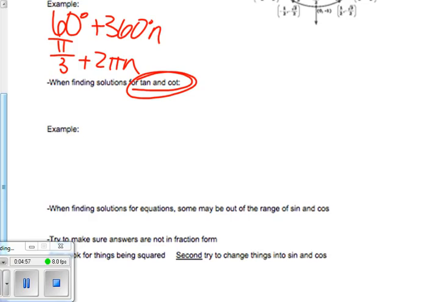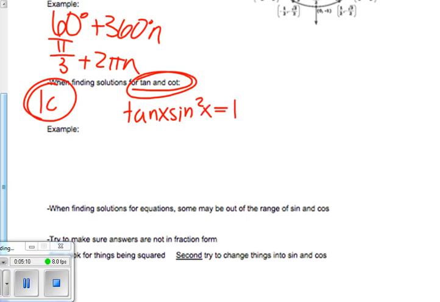If you want to get there, this is going to be an example for what I'm talking about here. So, this problem asks us to find all the solutions in the interval 0 to 2 pi.